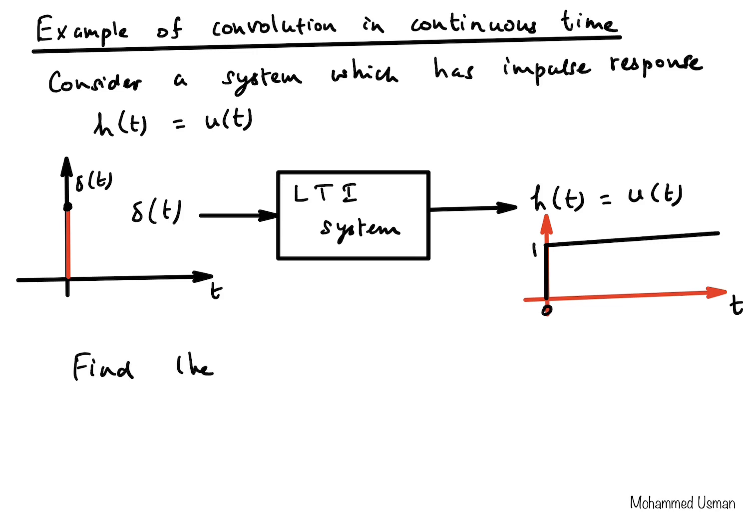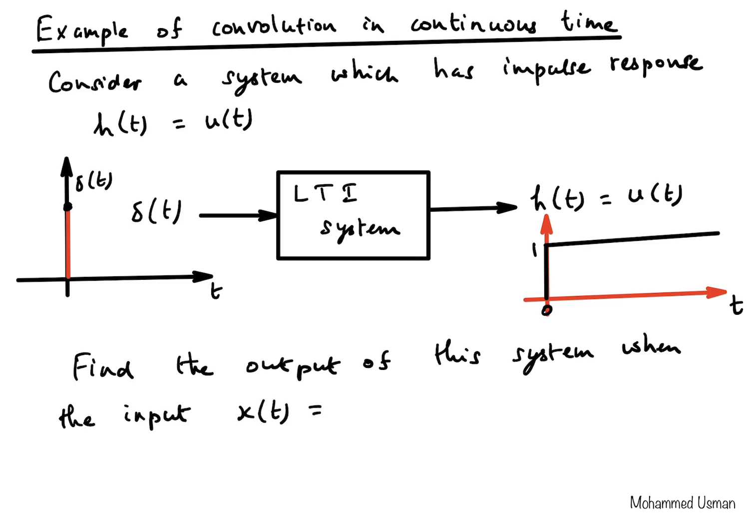So find the output of the same system when the input x of t equals e power minus at for t greater than or equal to 0, and 0 for t less than 0, and given that the value a, which is the exponent here, is positive, a greater than 0.